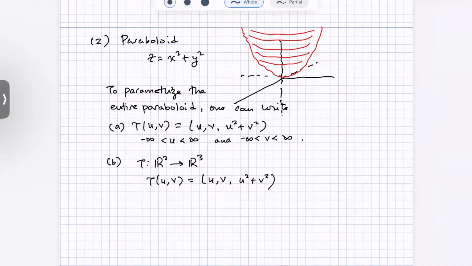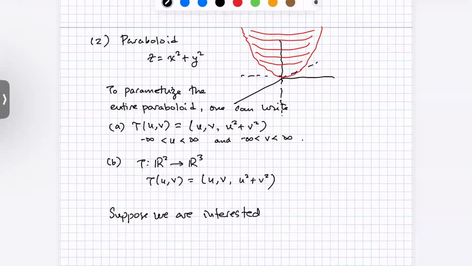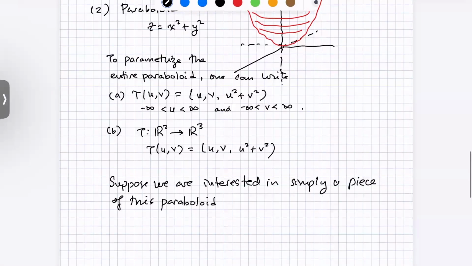Now, suppose we were interested in just a segment. Suppose we are interested in simply a piece of this paraboloid. So here's an example.